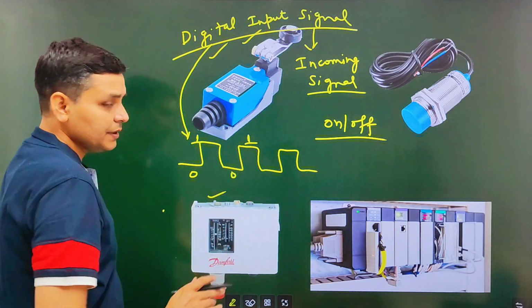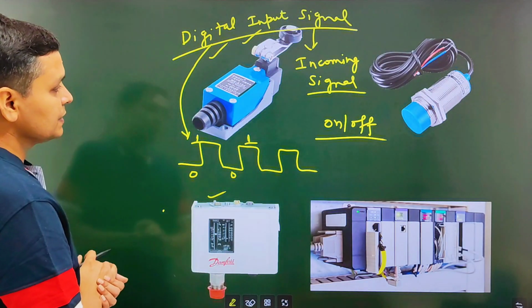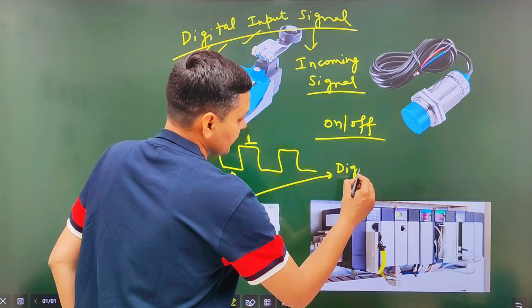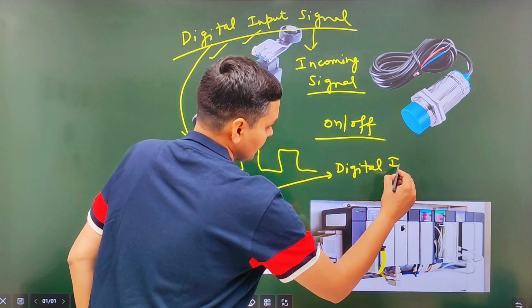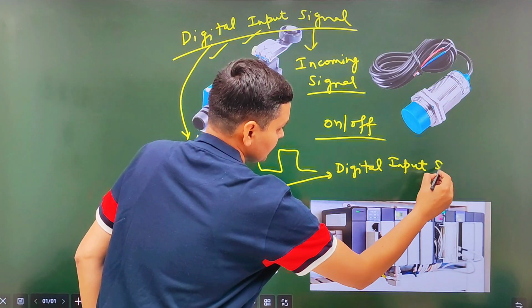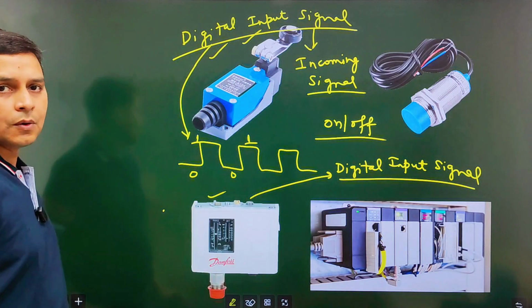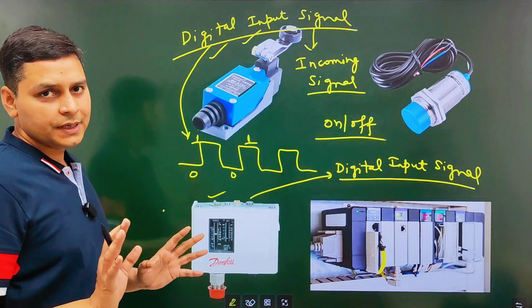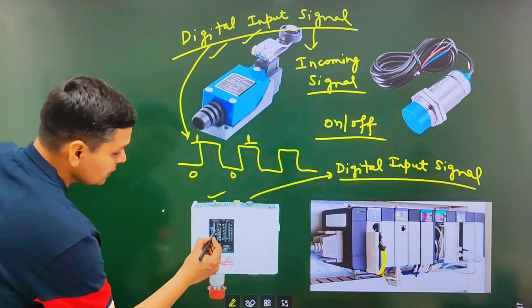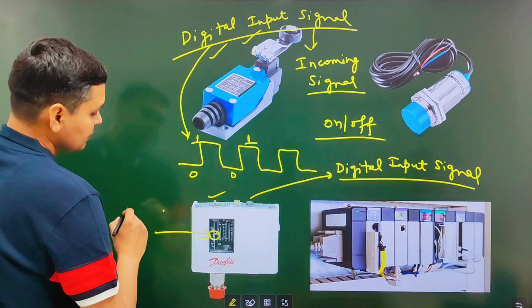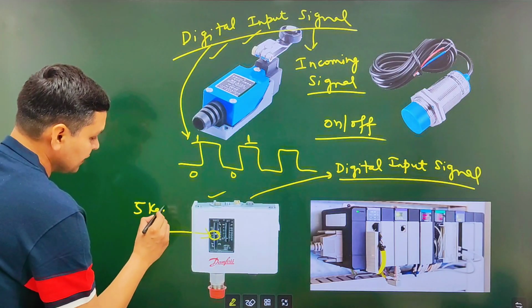Like when we use a pressure switch, its signal will be a digital input signal. How is it a digital input signal? Suppose we set this pressure switch at 5 kg per centimeter square.